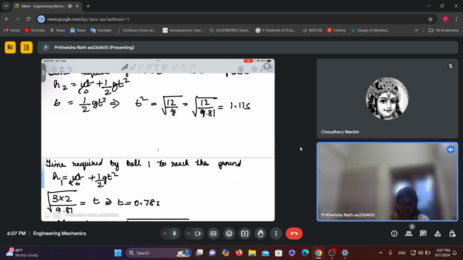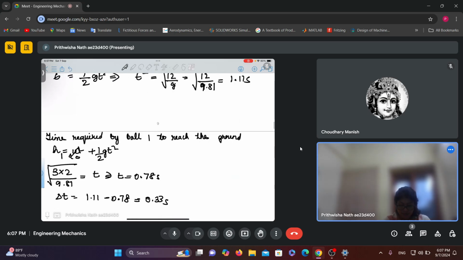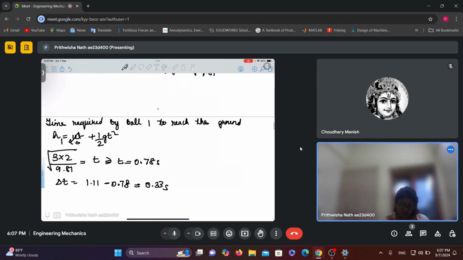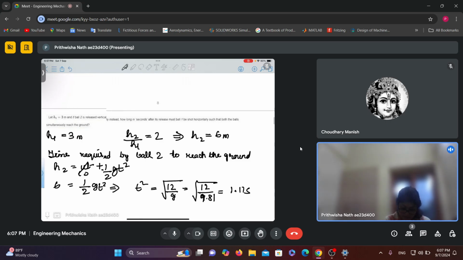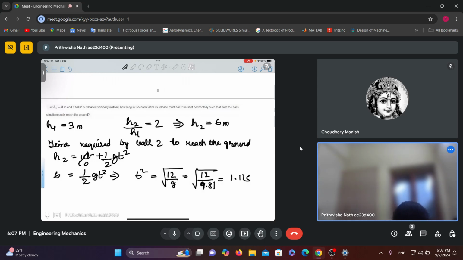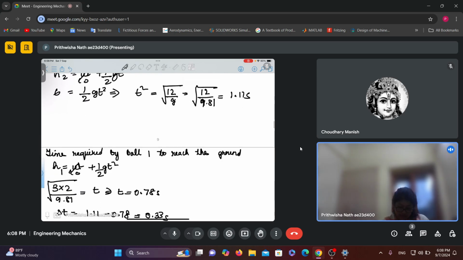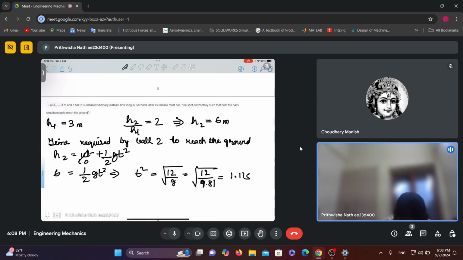Ball 1 is shot horizontally, so the vertical velocity is 0, and again we compute time as 0.8 seconds. From there we find the difference in time. So if we shoot ball 1 after 0.33 seconds, both the balls will reach the ground simultaneously.